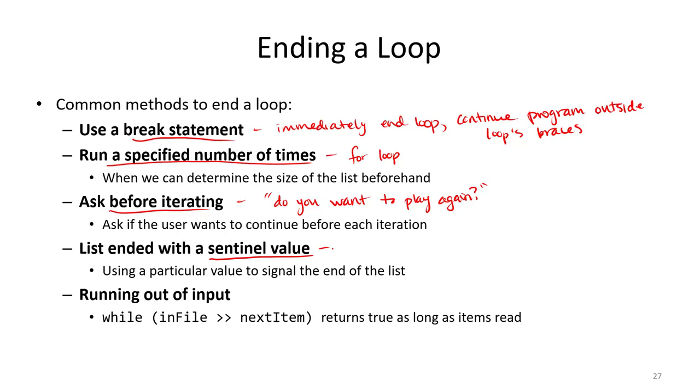Generally, it's better to have a cleaner approach in case your user accidentally doesn't use a sentinel value properly. But you could use a particular value to signal the end of the list. So that is one approach that is sometimes used in order to stop a loop. You could say, enter your numbers, then enter a negative number to stop.